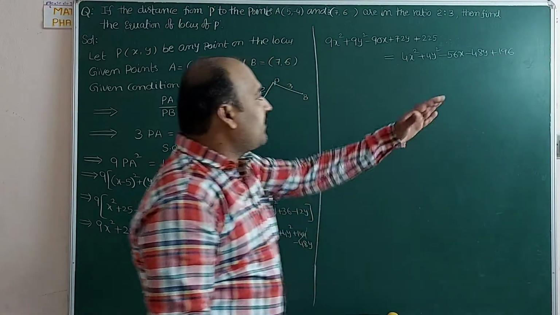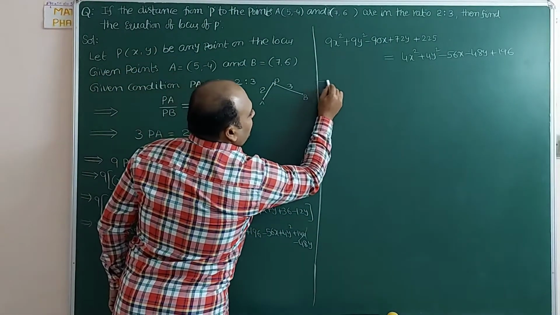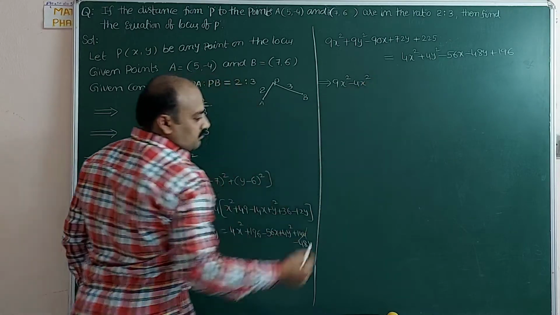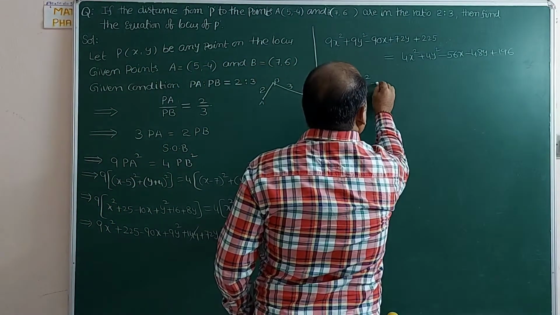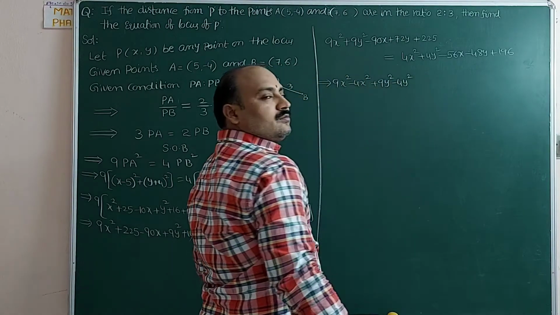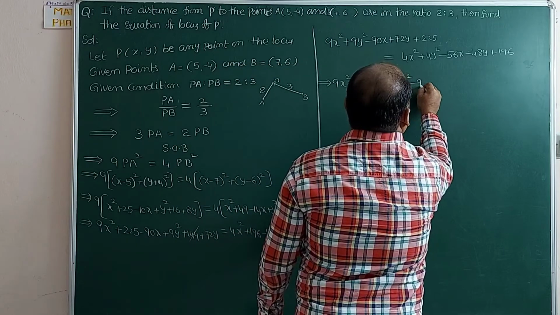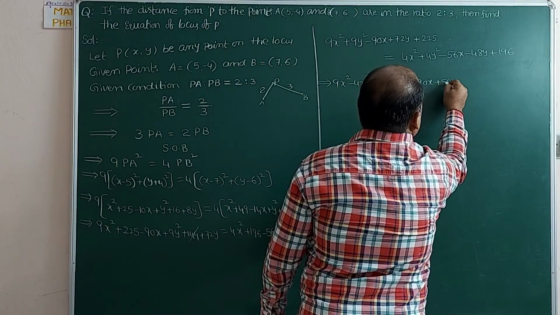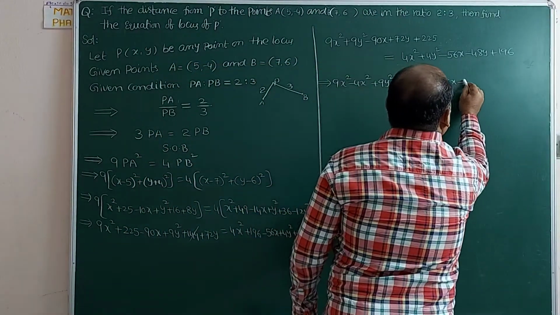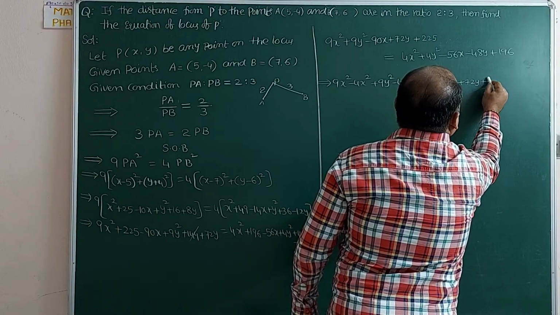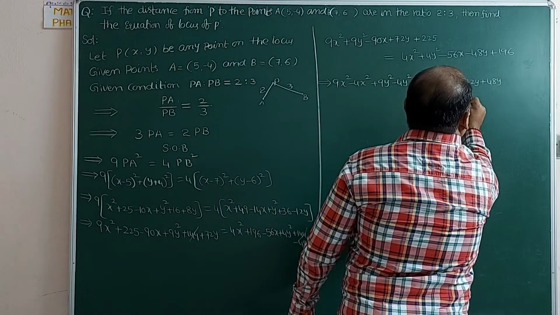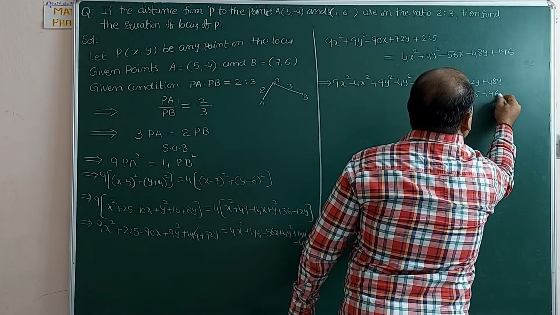In the next step, these values we are taking this side. That implies 9x² − 4x² plus 9y² − 4y². Next x terms −90x + 56x, and plus 72y + 48y, next plus 225 − 196.